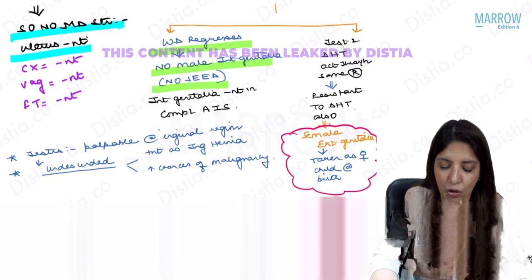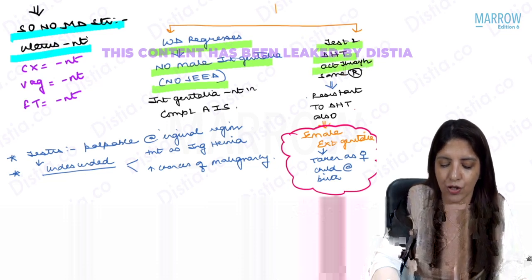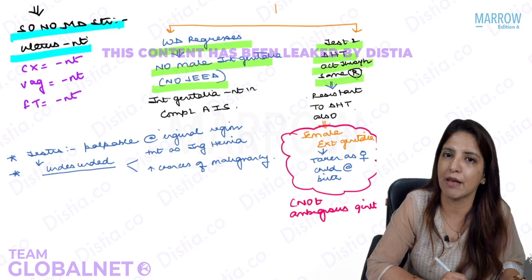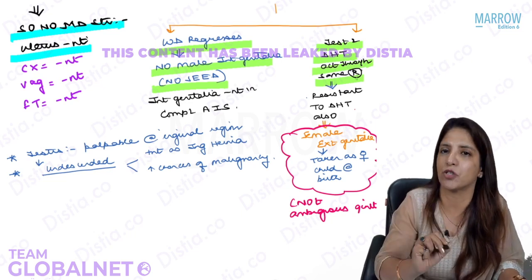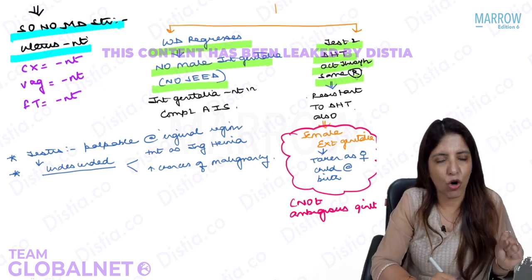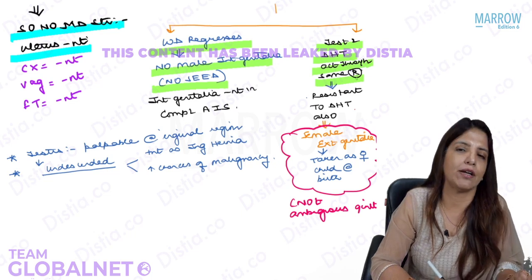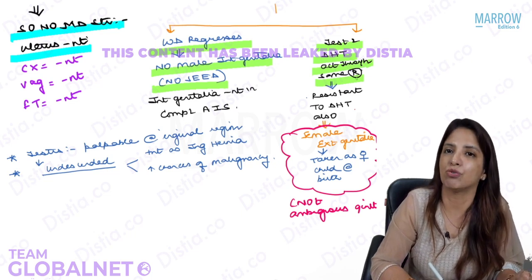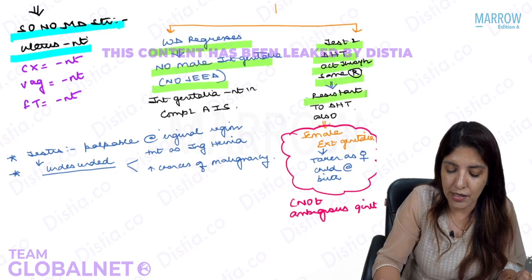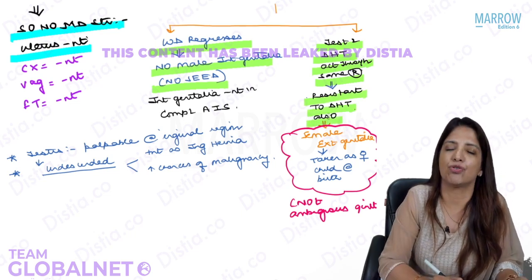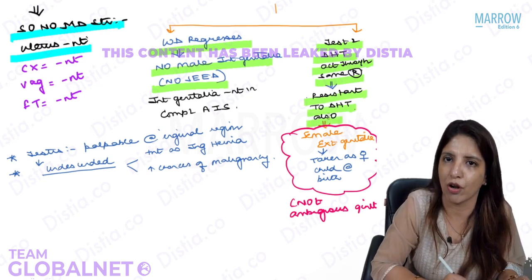Right? Now, testosterone and dihydrotestosterone act through the same receptors, and this was one concept which I asked you to remember. So these individuals are resistant to dihydrotestosterone also.